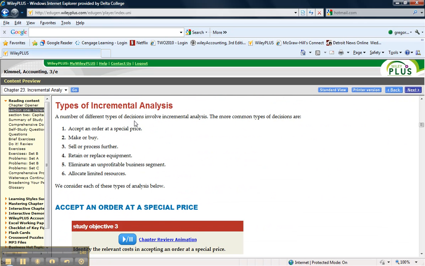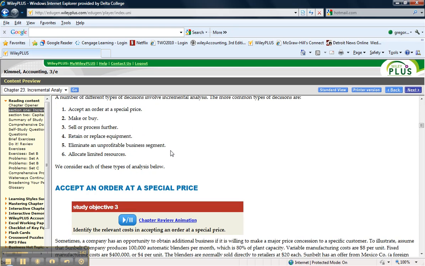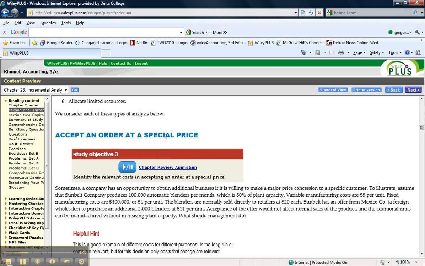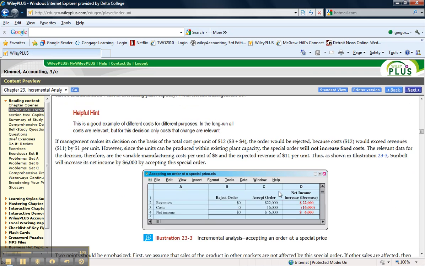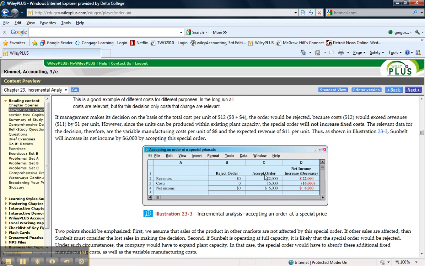Here are the types of incremental analysis that are used in this chapter. Accepting an order at a special price deals with a customer who offers you a one-time deal to buy a lot of whatever you're selling, but they want a discount off of the typical price, and you have to decide whether to reject or accept the order.